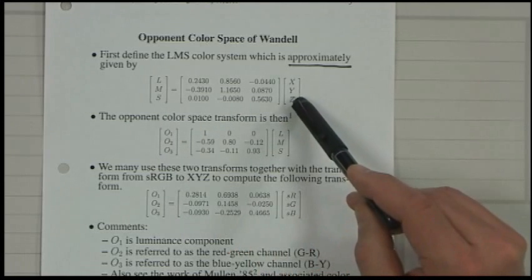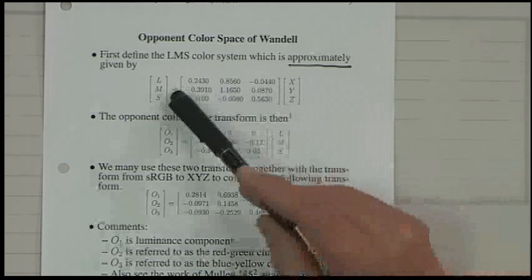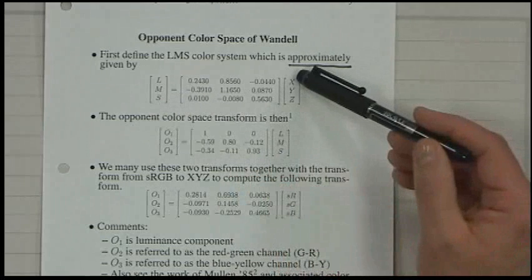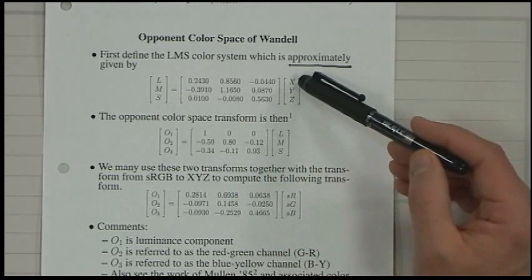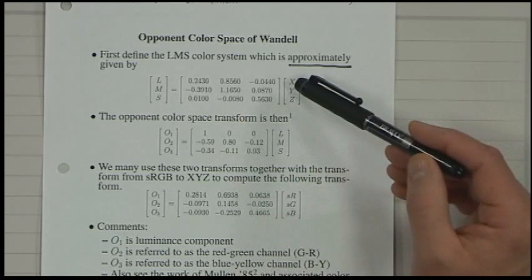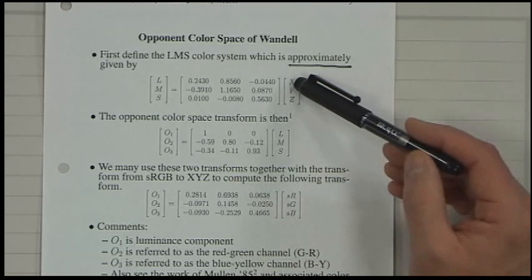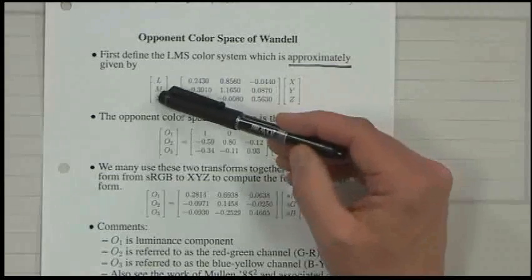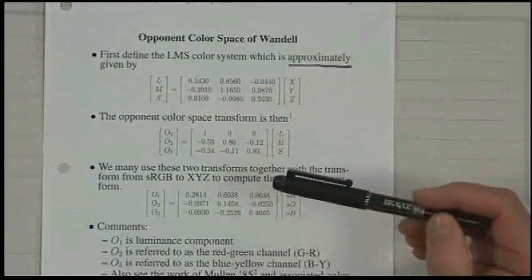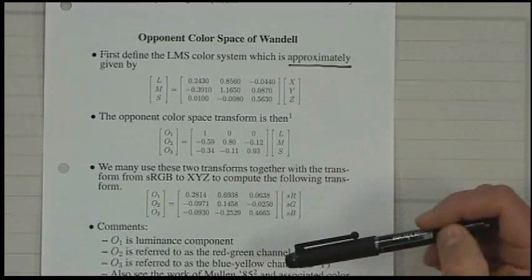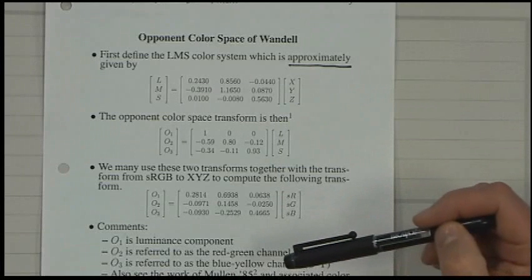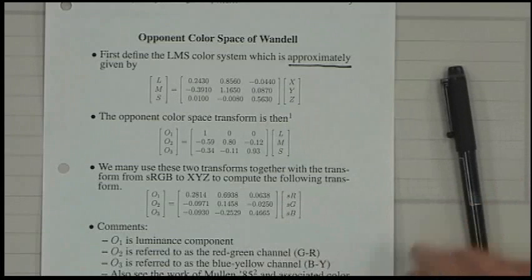So there is no transformation that gets you exactly from XYZ to LMS, because they're essentially incompatible in the sense that if you take the color matching functions of XYZ and the color matching functions of LMS, they don't span the same space in the 31-dimensional spectral domain. But they're close. The two color spaces are close.